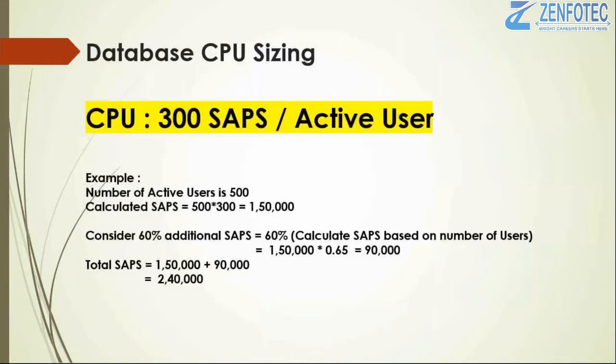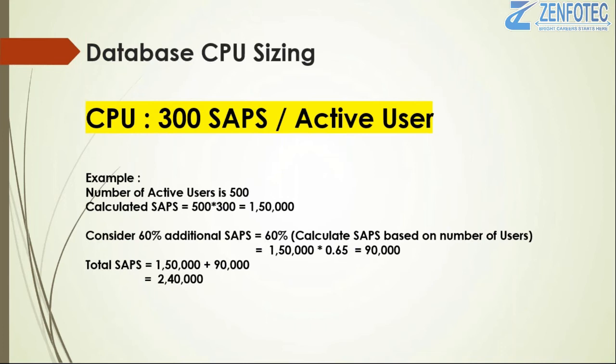Now, CPU sizing. We have calculated the memory sizing, then the disk sizing based on your RAM. Now we will calculate the number of CPUs required for your HANA database.